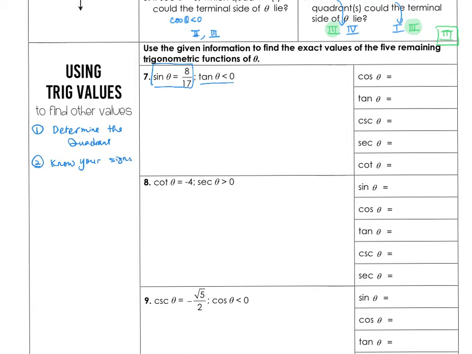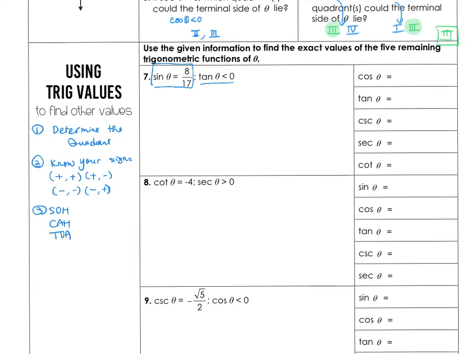Do you expect the 6 trig functions to be positive, positive, or positive, negative, or negative, negative, or negative, positive? Which one do you expect to see for each of the 6 trig functions? And then you just do SOHCAHTOA.